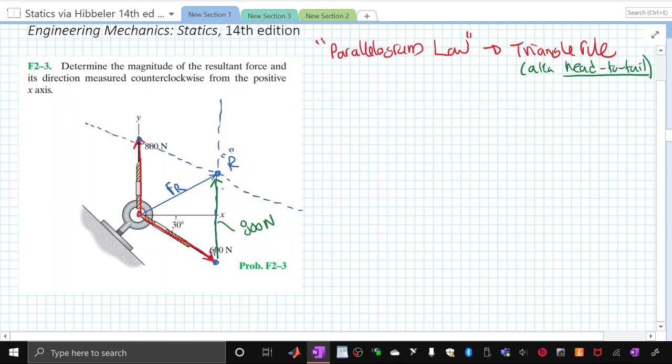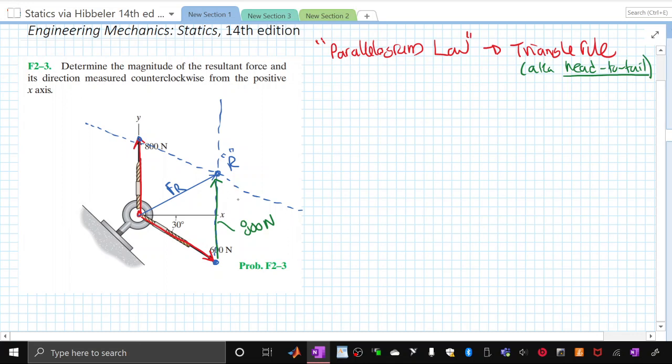It's the same thing. So what I'm doing is placing the tail of the vector on the head of the first vector, and you see how it fulfills the requirement. The resultant force goes from the origin to the final point R.